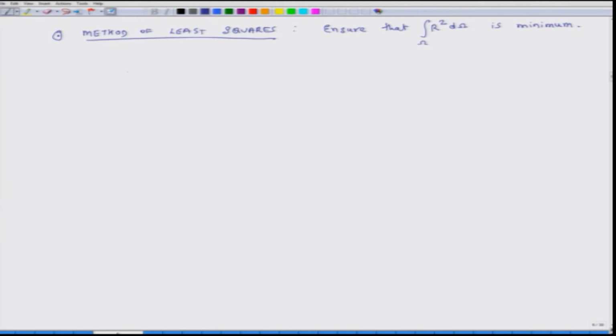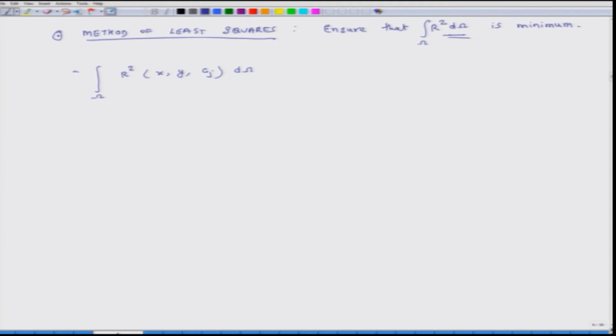So we will discuss this in detail. My residue is a function of x, y and Cj, and this residue is integrated over the domain. If this integral is minimum, for anything to be minimum, what does that mean?